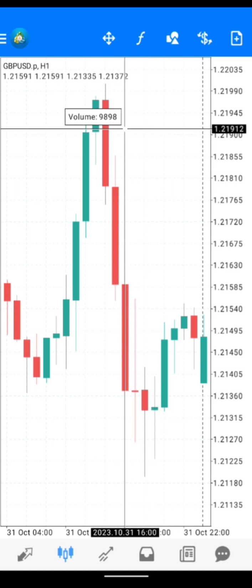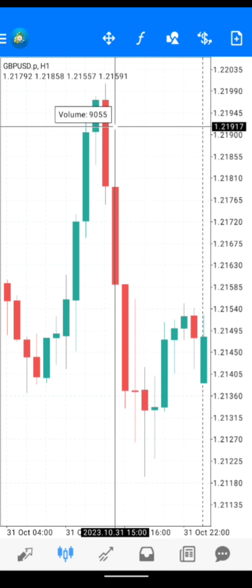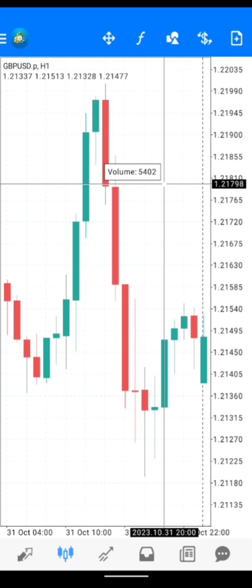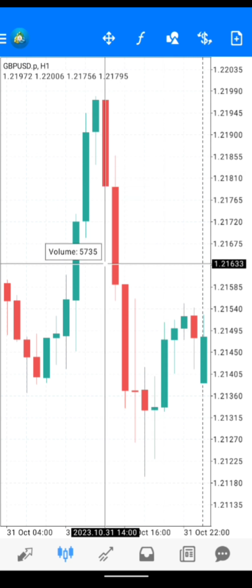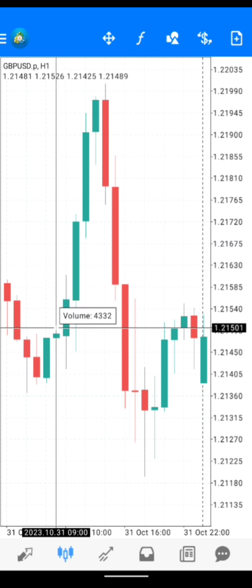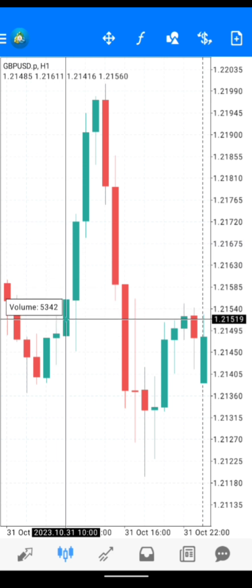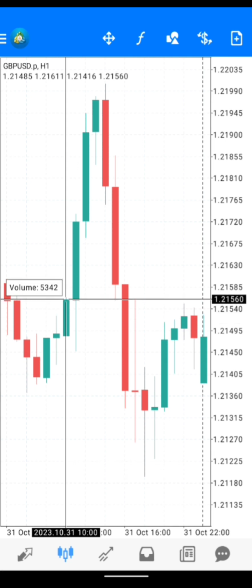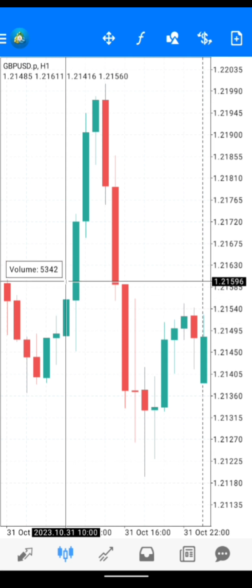But this candle, the 31st October 1500, opened here but closed lower. Let's use this candle here. I use the horizontal line of the crosshair to mark the candle I'm talking about.